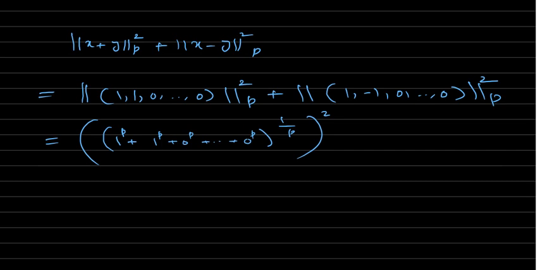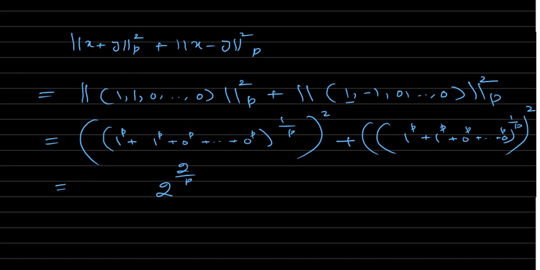So it's mod of x1 power p plus mod of x2 power p and so on, plus mod of xn power p, whole power 1 by p. Plus again we have mod, so mod of minus 1 is 1, so it's again 1 power p plus 1 power p plus 0 power p plus 0 power p, whole power 1 by p, then whole square. So this is clearly 2 power 2 by p.